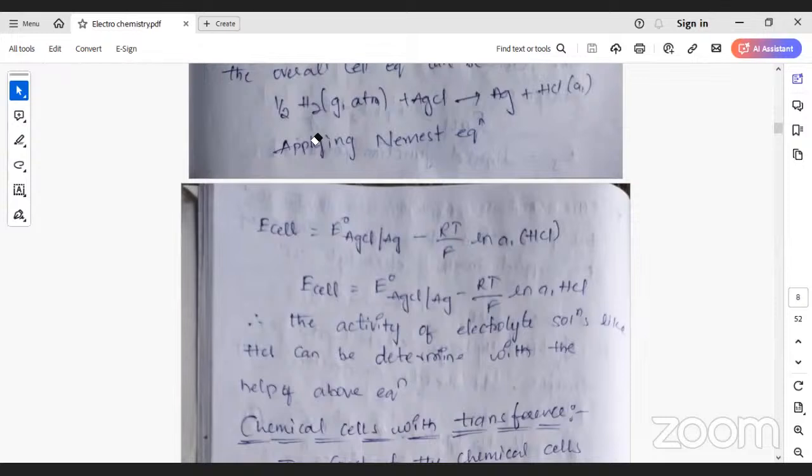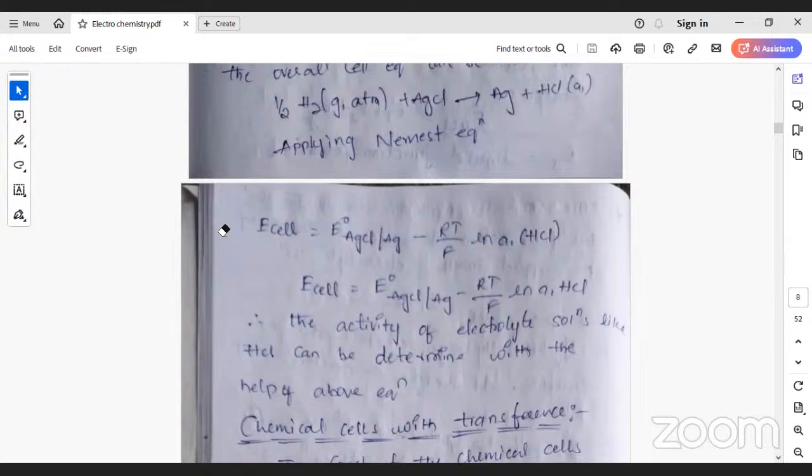The example of a redox reaction is the Daniell cell. A zinc rod is dipped in zinc sulfate solution, a copper rod is dipped in copper sulfate solution, and the two are connected to the external circuit as well as a salt bridge. That is the overall construction of the Daniell cell. From that we get the overall cell EMF, and the EMF calculation equations.